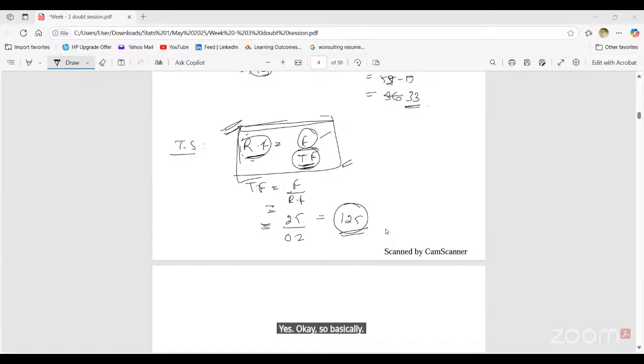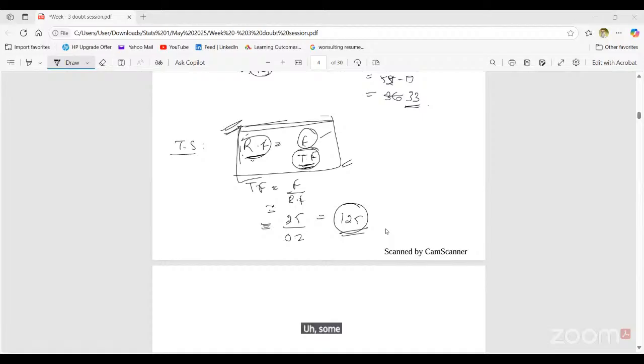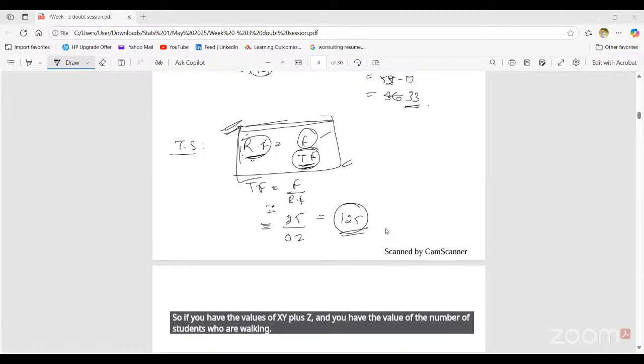75 students are going to school by public transport, car, and cycle, which means you have been given some values of X, Y, and Z. You have to find out the value of W. You have the values of X plus Y plus Z, the number of students who are walking, and the total number.